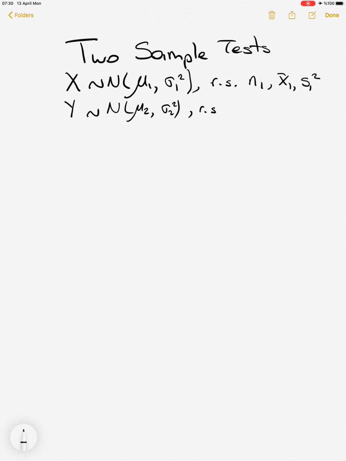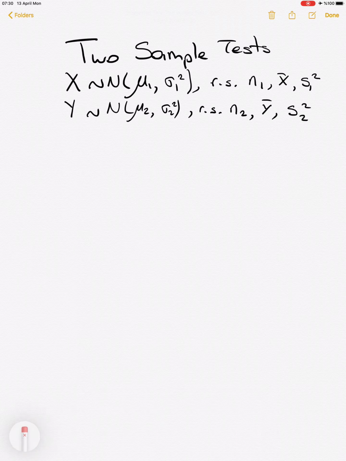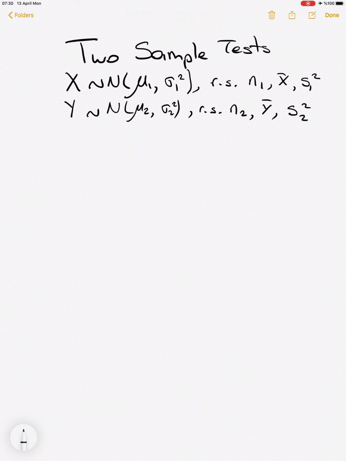And again, we assume that we have a random sample of size n2, and we have y bar and s2 square. We also assume that these two samples are independent from each other.